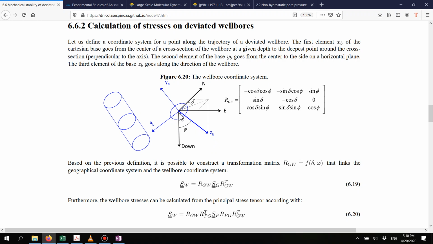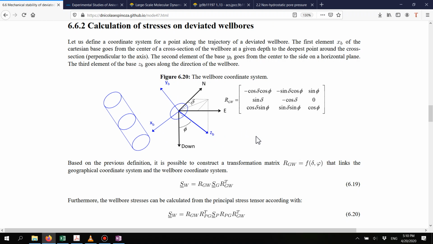In this example, the wellbore is drilled in direction northeast, and that's why the third axis is going in this direction down. You can try the right-hand coordinate system rule, and you will see that if you point your index finger in direction of x, your middle finger in direction y, your thumb in direction z is going to be pointing down.